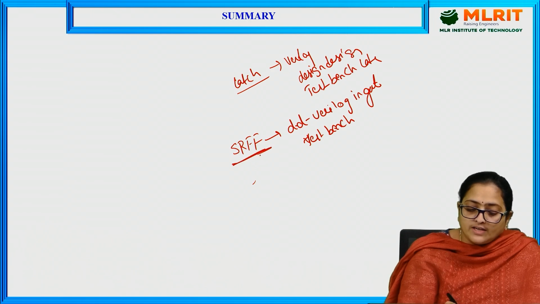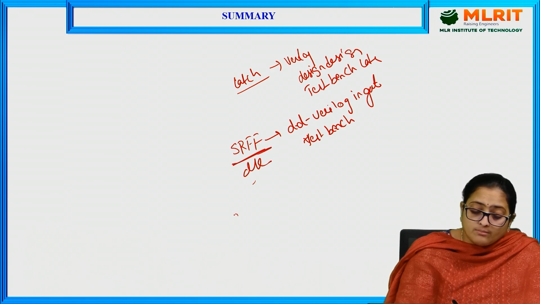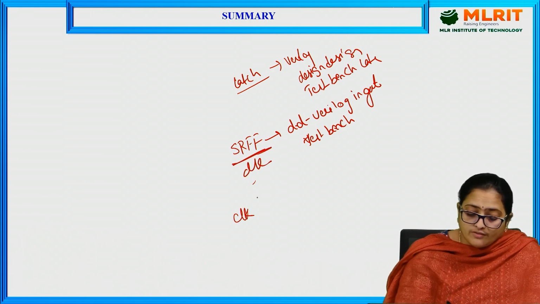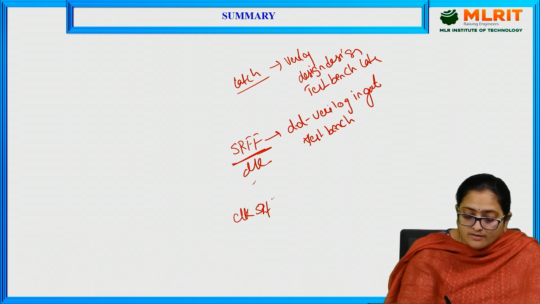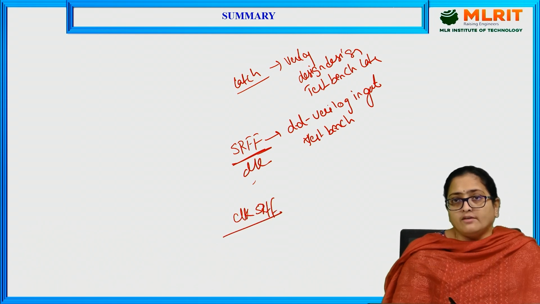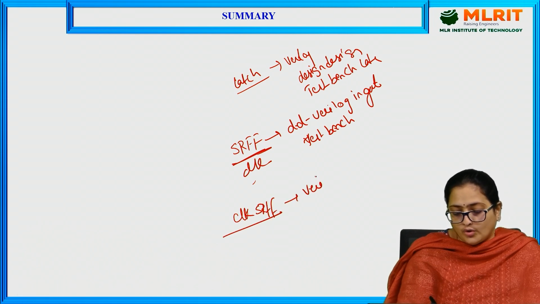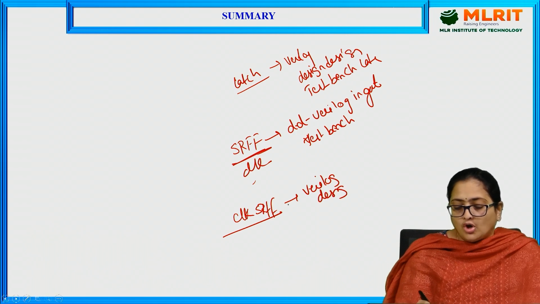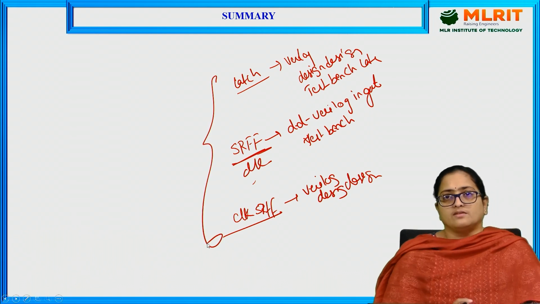And here we didn't mention the clock, but in the third one we have written the Verilog code for a clocked SR flip-flop. So we have done the Verilog code or design description for a clocked SR flip-flop. These three have been discussed in this video.